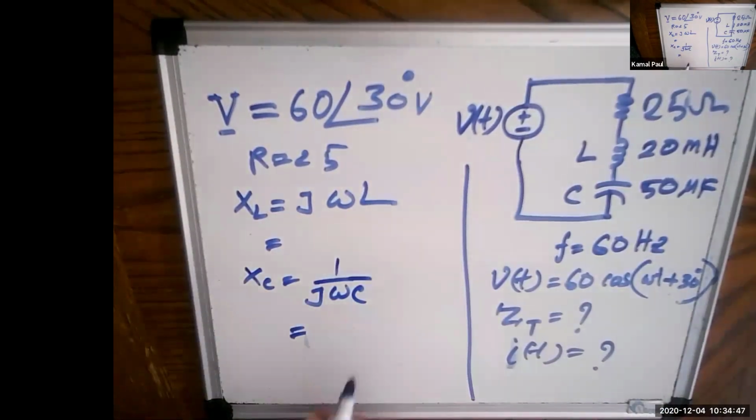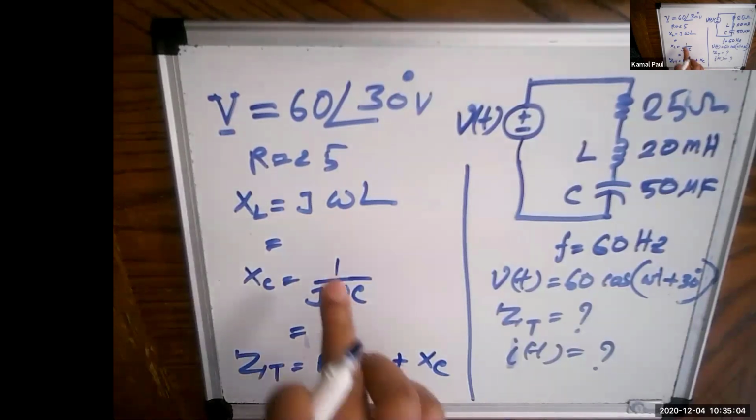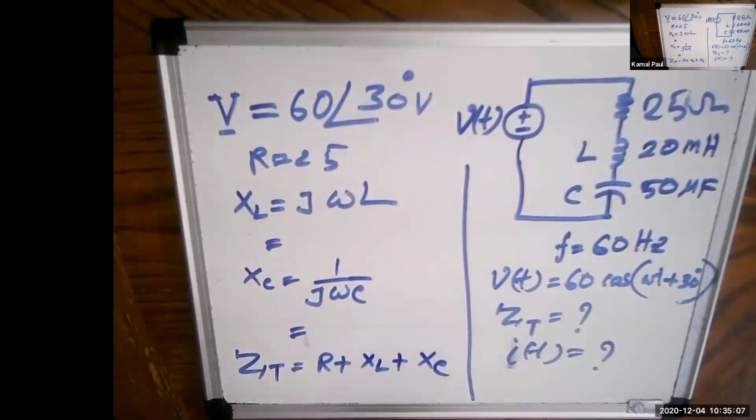Once you get these three values, then your Z(T) will be equal to R plus XL plus XC. j is already included, so I'm not writing j again.